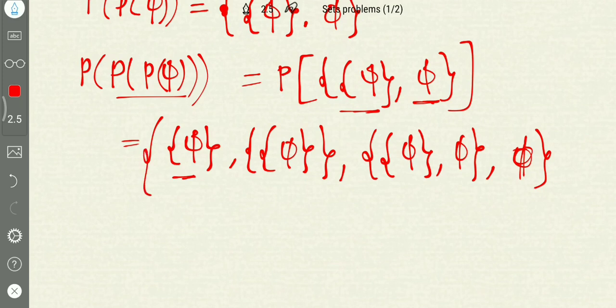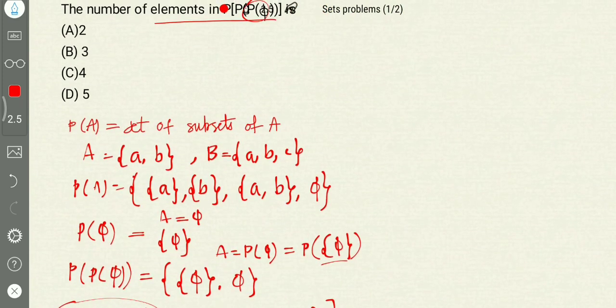So how many elements are there in this? 1, 2, 3, 4. 4 elements are there in this power set. So the number of elements is 4. The answer is option C.